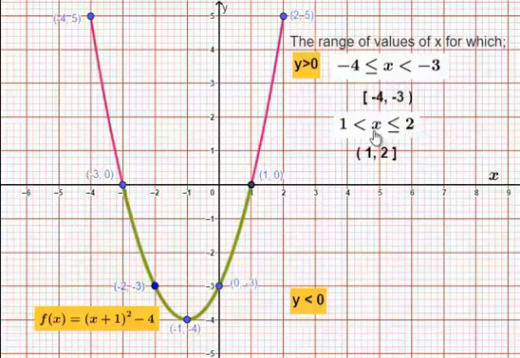Then we read it as x is greater than 1 but less than or equal to 2. In the interval notation form, because 1 is excluded, we have an open bracket, and because 2 is included, we have a closed bracket at the end, and the two values written separated by a comma.